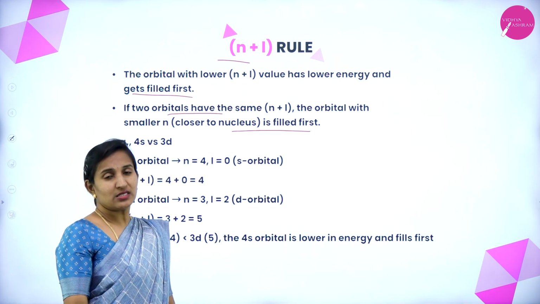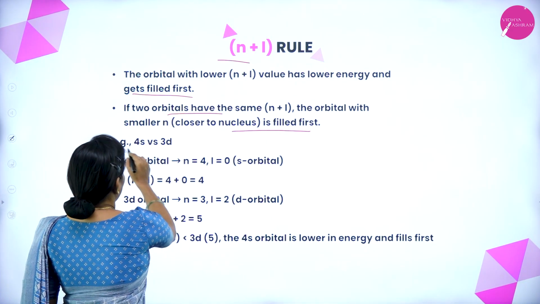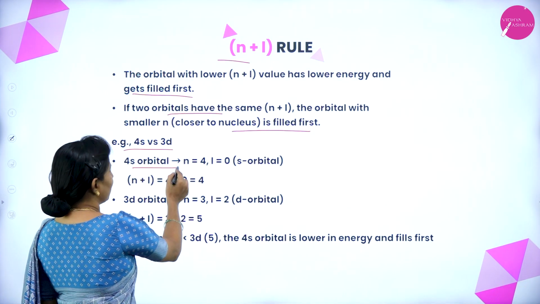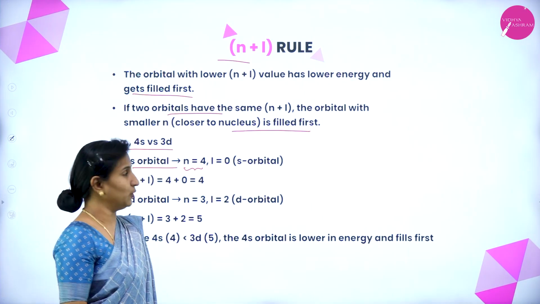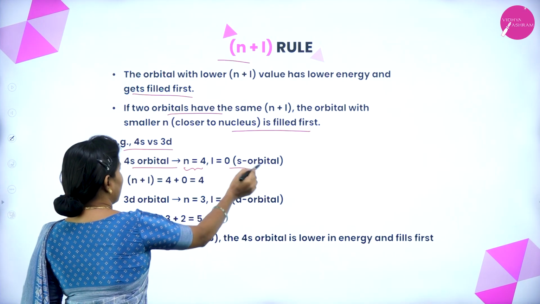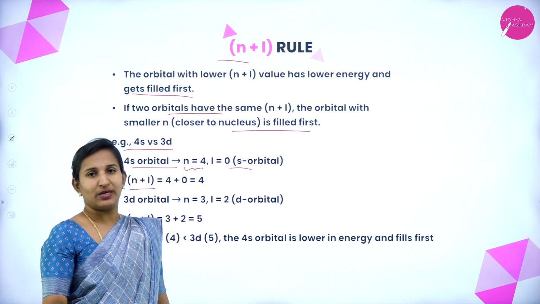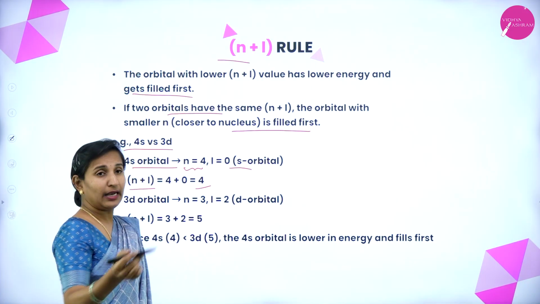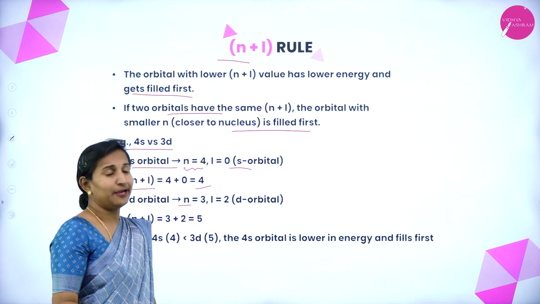That means it is nearer to the nucleus. Example, 4s versus 3d. 4s orbital having n equals 4 and l equals 0. That is s orbital. n plus l value for 4s orbital, that is 4 plus 0, that is equal to 4. For 3d orbital, n equals 3, l equals 2.